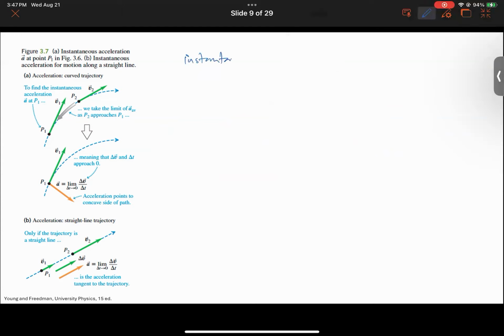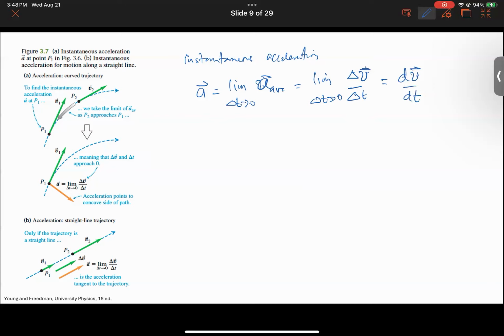So yung instantaneous acceleration, A, is defined as the limit of the average acceleration vector as delta T approaches 0, or the limit as delta T approaches 0 ng delta V over delta T. Okay, this is just a derivative with respect to time of the instantaneous velocity vector.